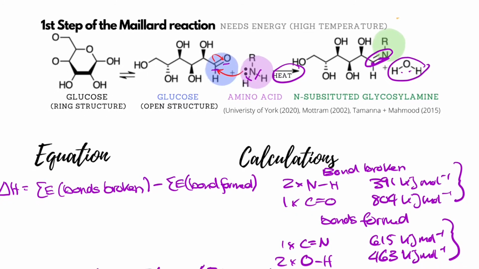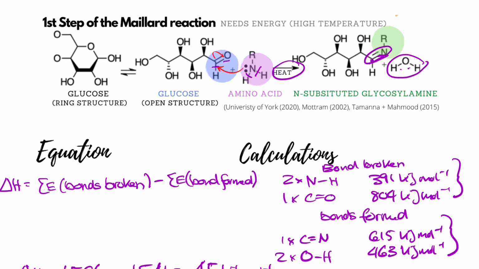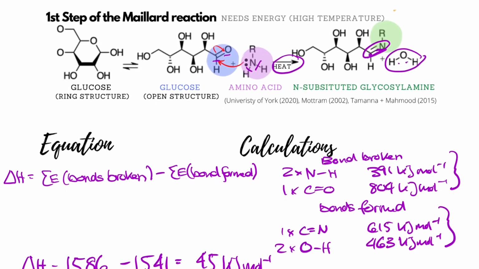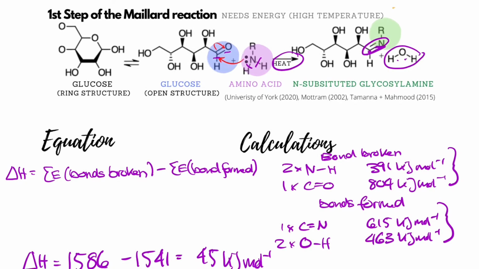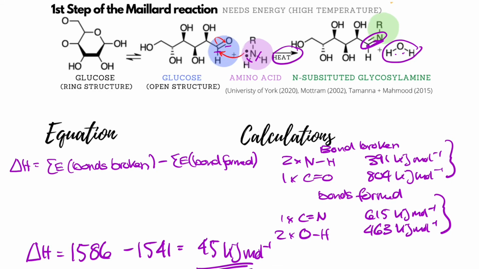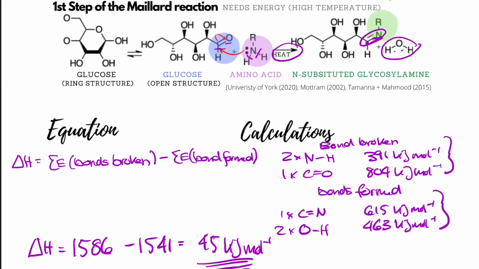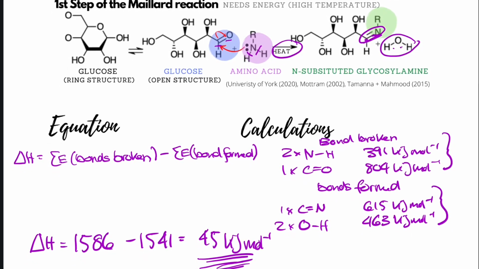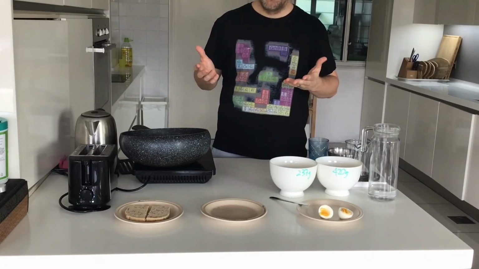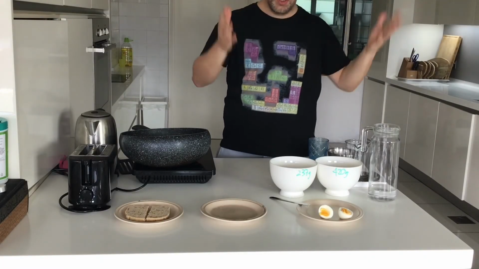But when we make bonds, we release energy, and that's an exothermic process. Depending on how much energy we use to break the bonds and how much energy we gain to make the bonds, the total will either be negative for exothermic or positive for endothermic.